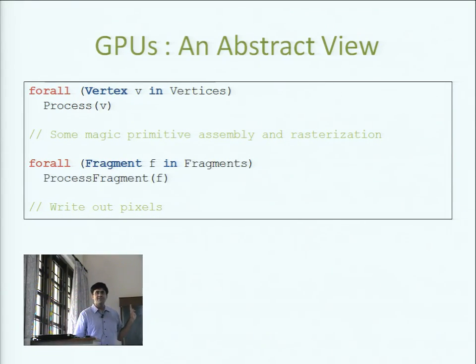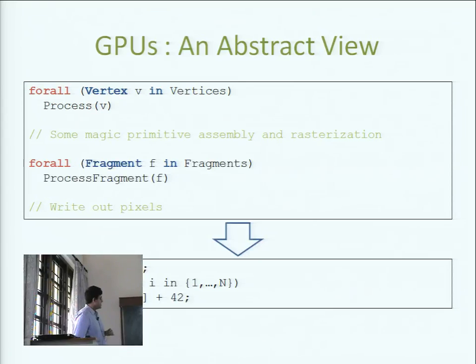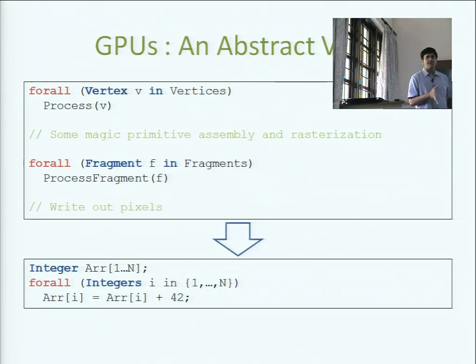Make sense? Okay. So let's say we further abstract this. We want to understand what it is that a GPU is trying to do and why it has the architecture that it does. So let's just abstract it into something really straightforward. If you're going over an array of some objects and you're applying some operation on each of them, it might as well be an array of integers, right?